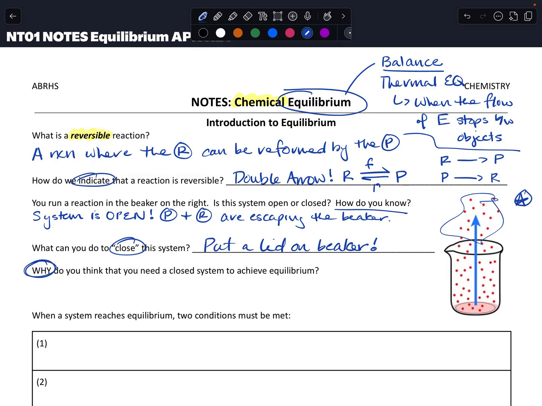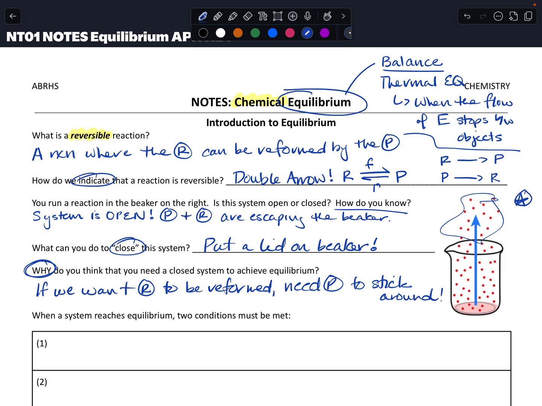So the question is, well, why do we think we need that? Well, if we want those reactants to be reformed, we need the products to stick around. Think about it.